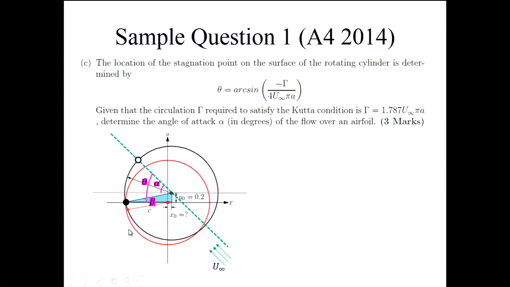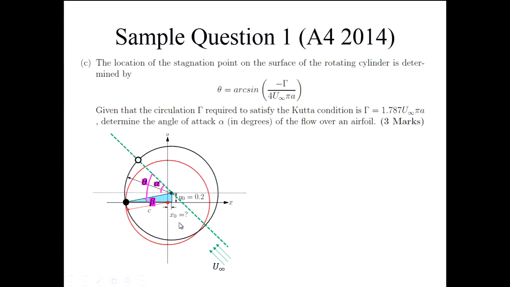So that's the meaning of these three angles. Now we know beta because we know the geometry of the airfoil, and we know theta as given by this equation. So we just have to solve for alpha this way.